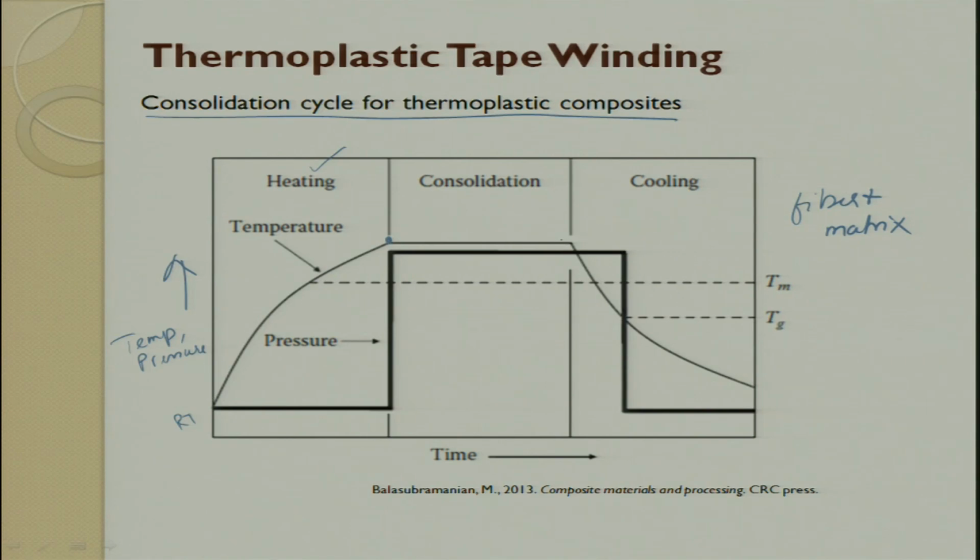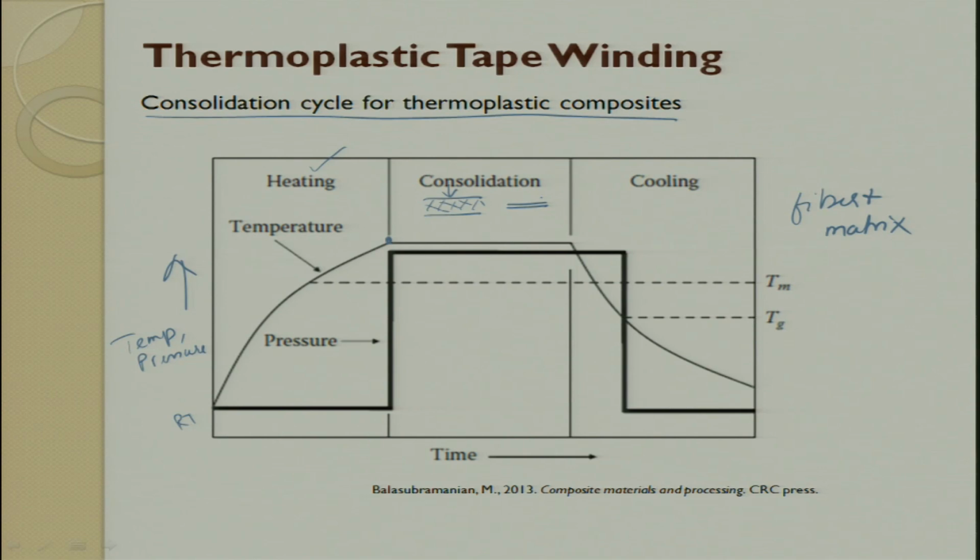What do you mean by consolidation? Consolidation means, suppose you have two different layers. Now, these two layers are pressed such that the gap is collapsed. So, you get two laminates together, so you get the required output.